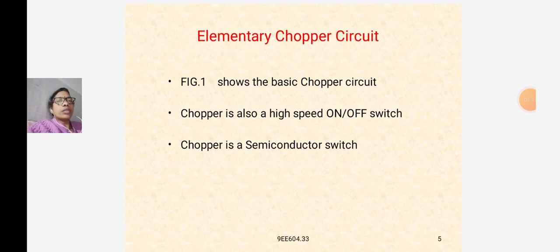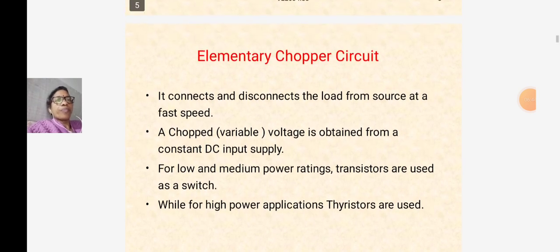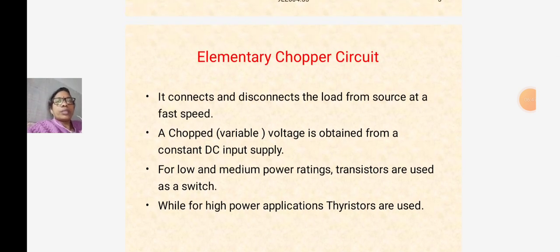The chopper is a semiconductor switch. It connects and disconnects the load from the source at a fast speed, meaning the chopper is used for fast speed action.